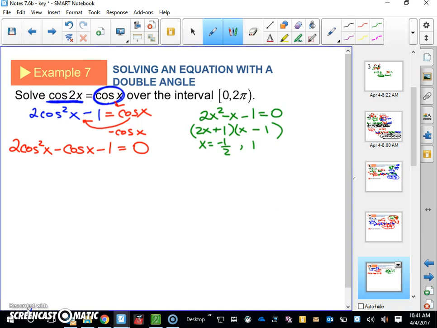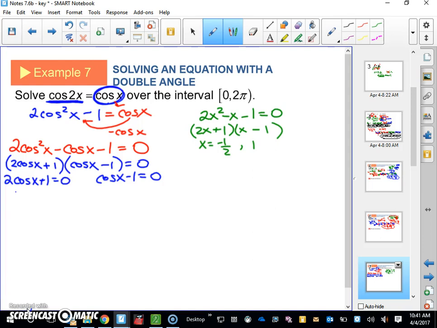When I factor this trig function, I'm going to have 2 cosine x plus 1, and then cosine x minus 1. The cosine x in this problem kind of acts like the variable did in my other one over there in green. So splitting it up, 2 cosine x plus 1 equals 0, or cosine x minus 1 equals 0.